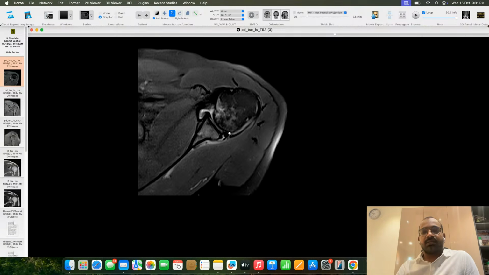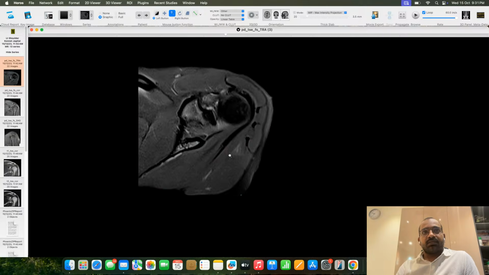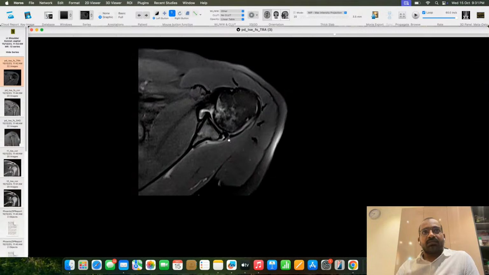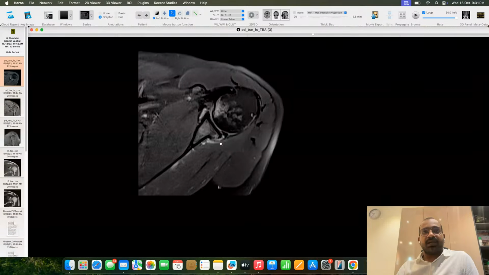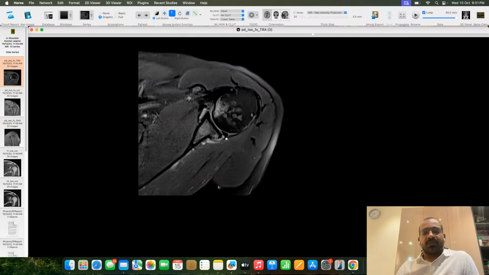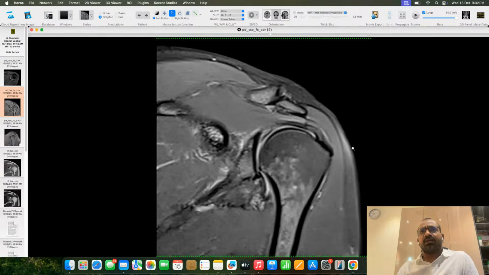What is this? Almost at 9 o'clock position, there is a labral tear. PASTA, I have to see. PASTA is partial articular surface tear, no? So that should be there somewhere here.